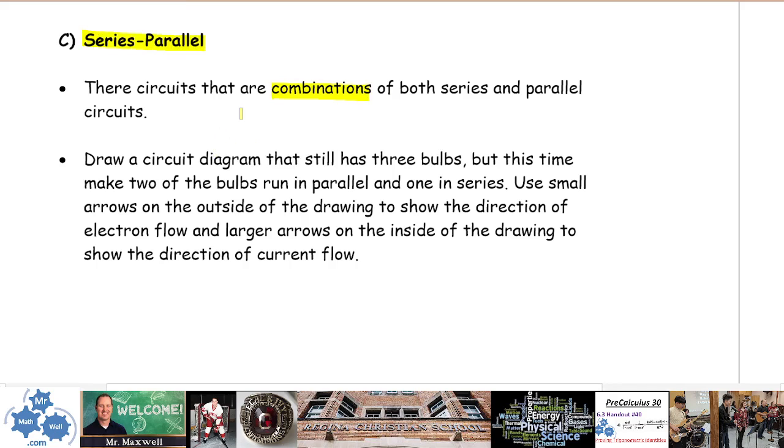What you're asked to do here is draw a circuit diagram using your symbols that has 3 bulbs, but this time, listen carefully, make 2 of the bulbs run in parallel and 1 of the bulbs in series. Use small arrows on the outside and large arrows on the inside for direction of flow. Go ahead and see if you can do that. We've got 3 bulbs. 2 of them are clearly in parallel, and 1 is in series with at least 1 other one there. Go ahead and draw that and see what you come up with.